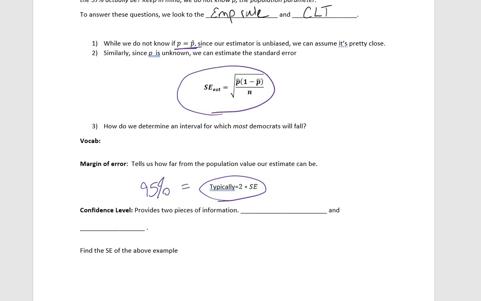Now, the confidence level is going to provide you with 2 pieces of information. It's going to give you the interval and the percent chance p is on the interval.